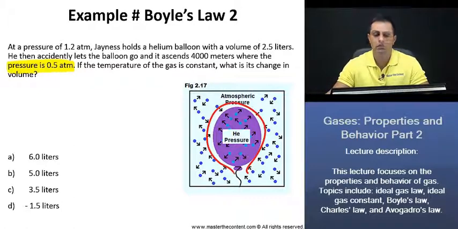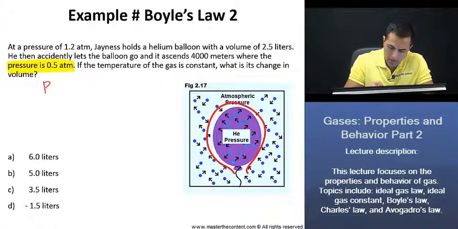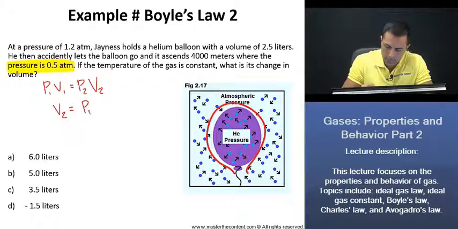Let's take a look now, and we'll use Boyle's law to find out if our assumption is correct. We'll begin with our equation as follows. P1 V1 equals P2 V2, and we're looking for V2, right? Thus, our equation becomes as follows. Excuse me, that should be P2 there.